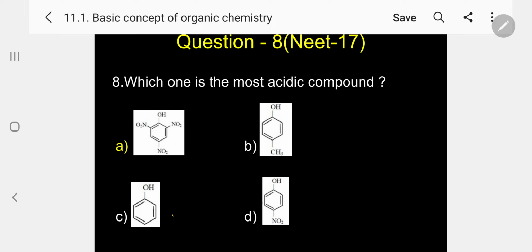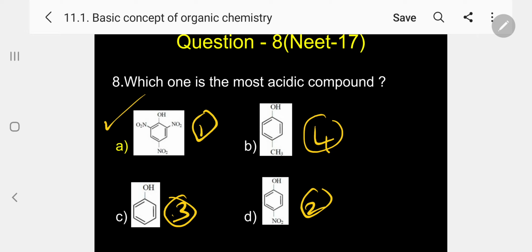Then I am taking A as the correct answer. The reason is there are 3 NO2 groups, at 2, 4, 6. So 3 means highly acidic. This is number 1. Then just see here, methyl is electron releasing, so it is less acidic. Paranitrophenol is number 2, then this is number 3, this is number 4.